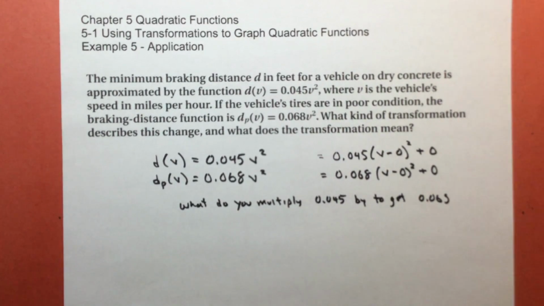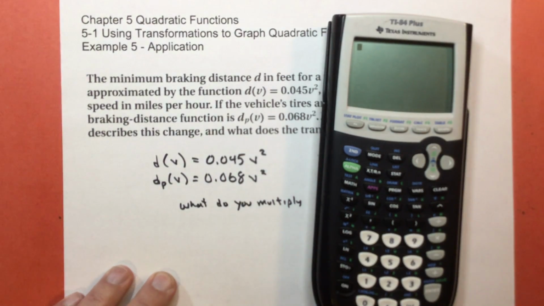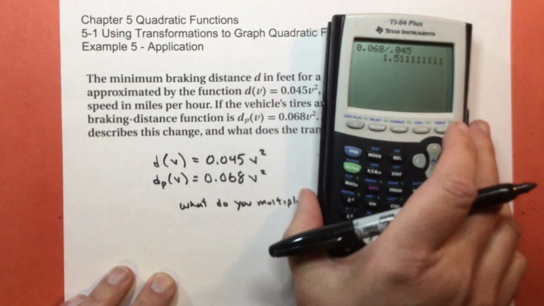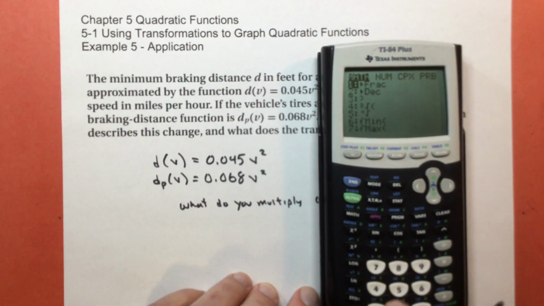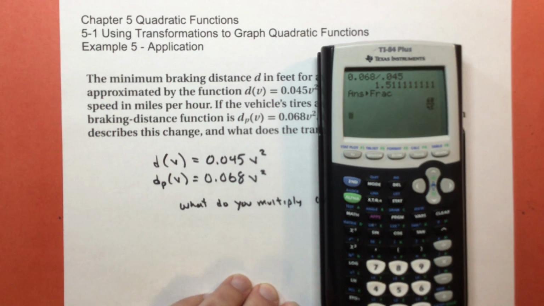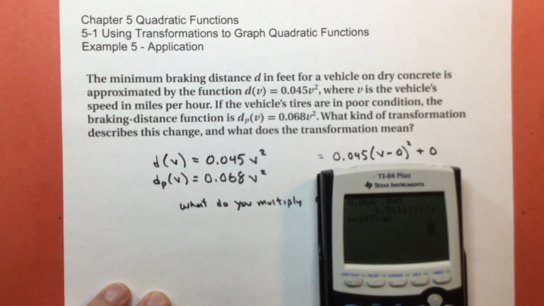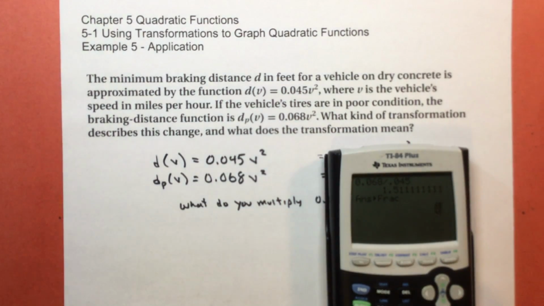All right. I'm not proud. 0.068 divided by 0.045, and I get 1.51 repeating. Math 1, let's change that to a fraction. 68 over 45. Okay. So it looks, I was just double checking something.